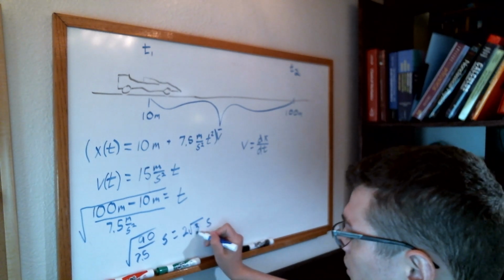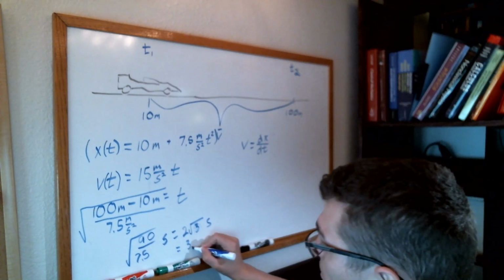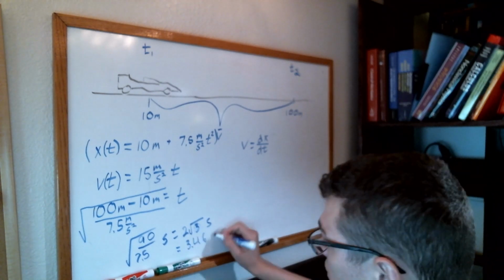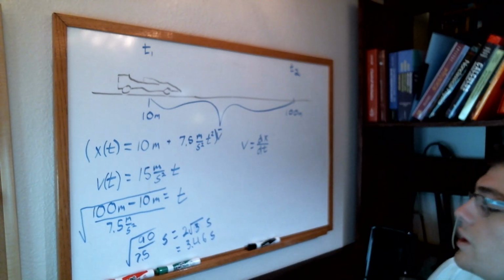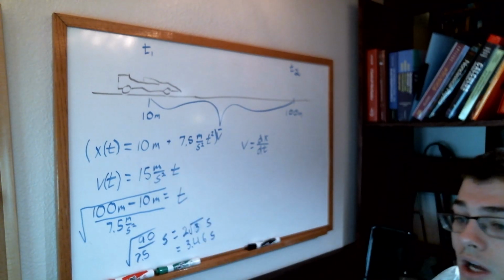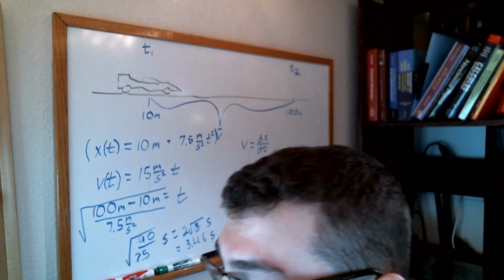Let me write that clearer. It's 2 square root of 3, and that's going to equal 3.46 seconds.